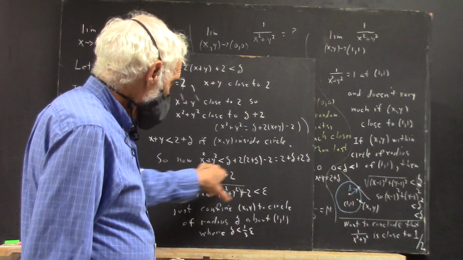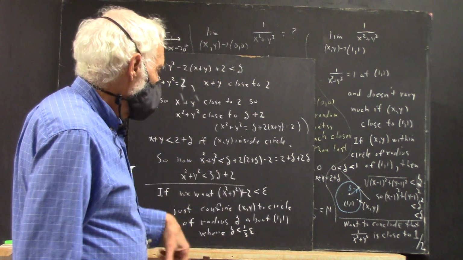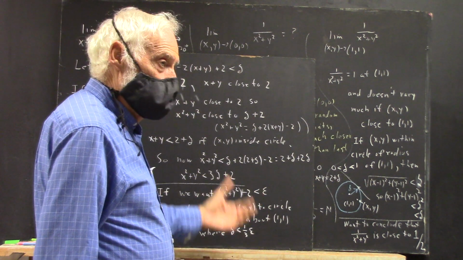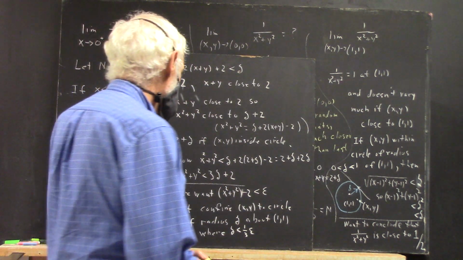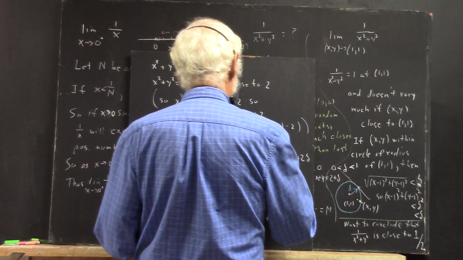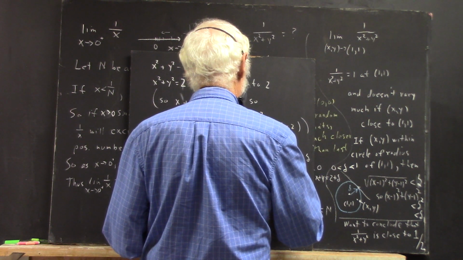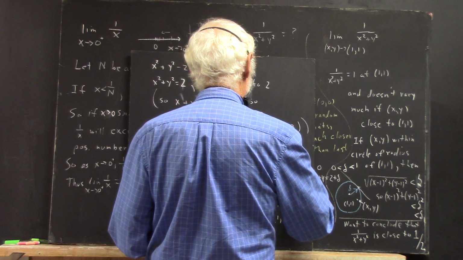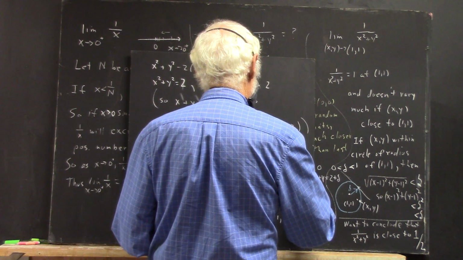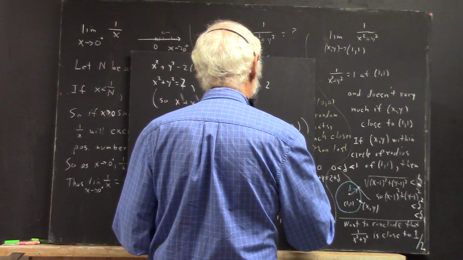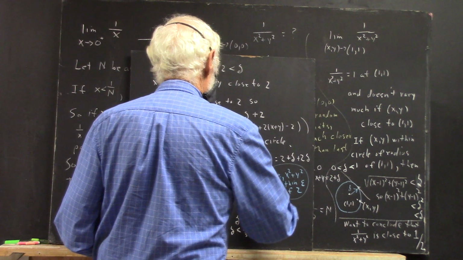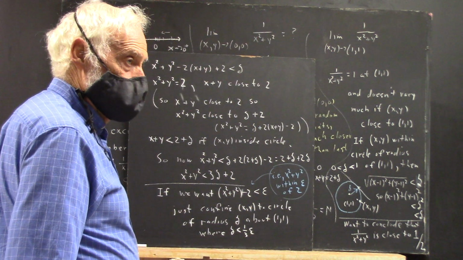So that x squared plus y squared is within epsilon of 2. And epsilon can be small as we want. Now this is what this inequality expresses. X squared plus y squared is within epsilon of 2. That's all this says.